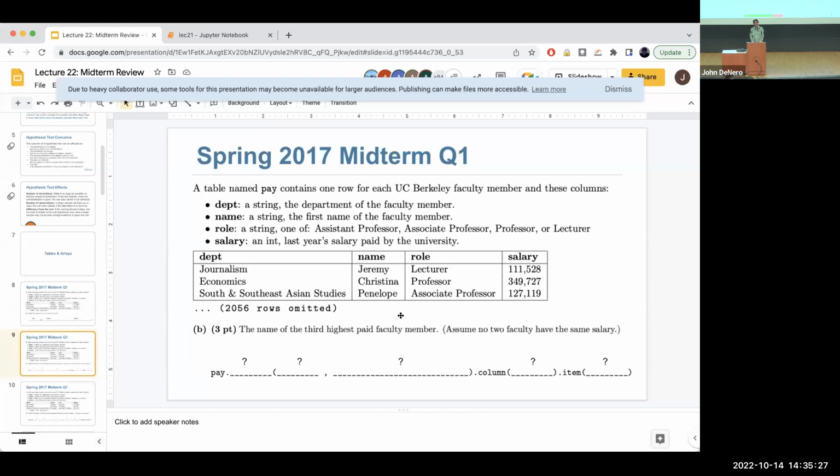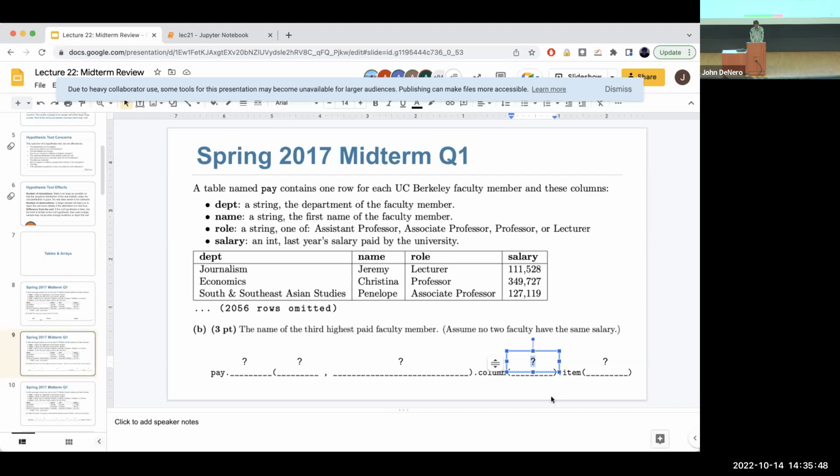You want to focus on their salary, right? Their salary is really important. But the value you want at the end is not a salary, it's a name. So the value you want at the end is the name of a person.